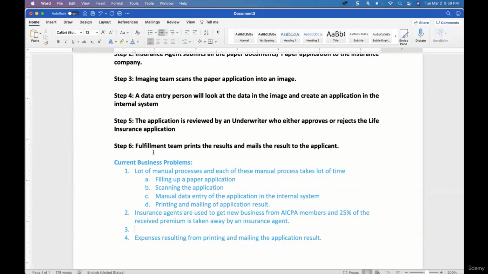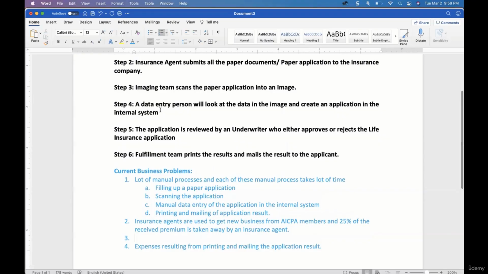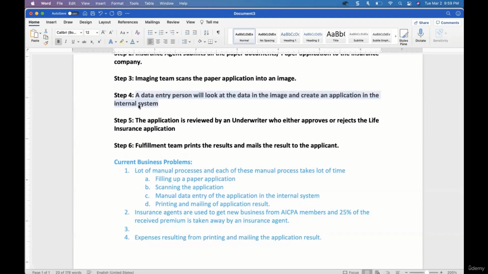All right, one more, number 3 that I wasn't covering before. So this problem is related to step number 4. Here, the person who is entering the data from the image to the system is doing it manually, so they could make mistakes like typos. Super, and that's a huge pain in the neck. Imagine you look at it and you key in wrong data.